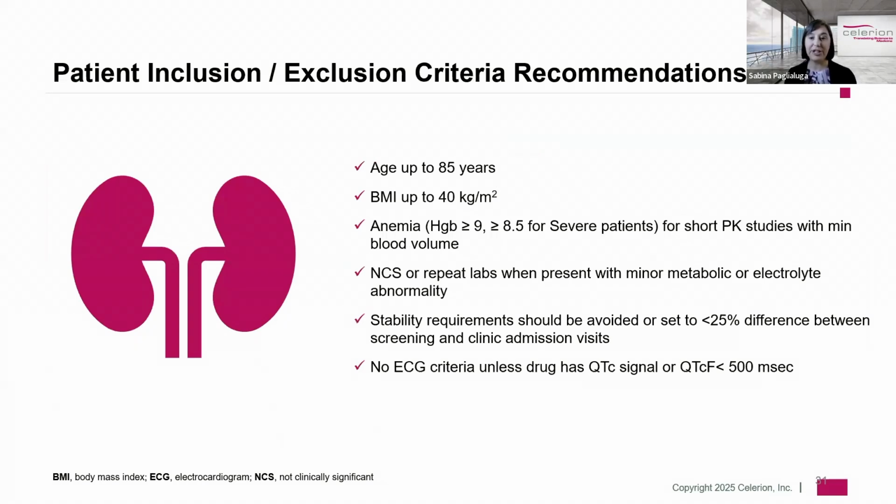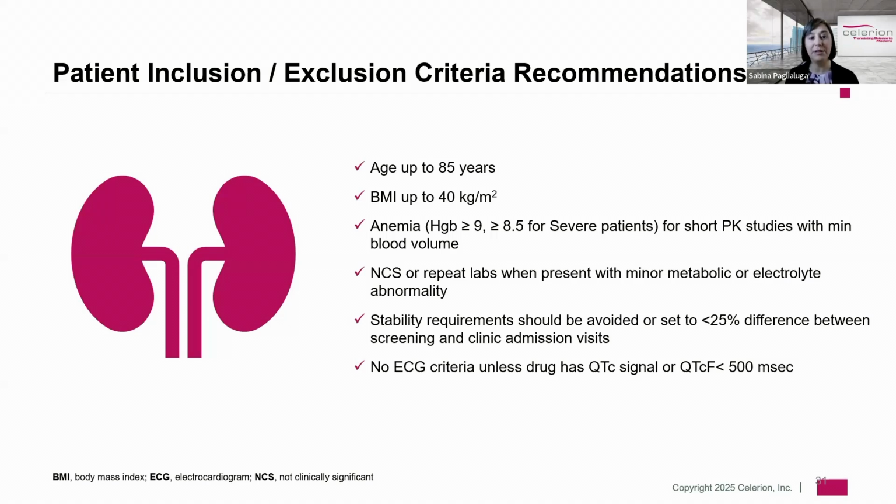Renal impairment patients often present with multiple comorbidities like obesity, diabetes, cardiovascular disease, and hypertension. So the IE criteria is a little bit different typically than a standard phase 1 type study. And here are some key recommended IE criteria that we found works best for these studies based on input from our experienced site investigators.